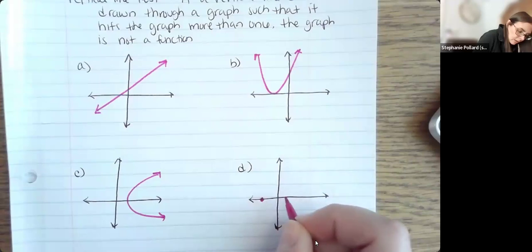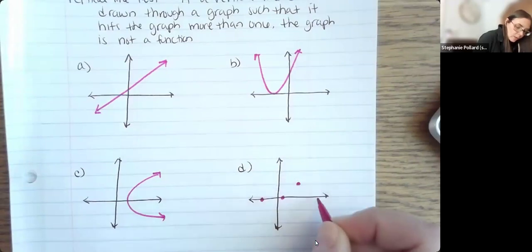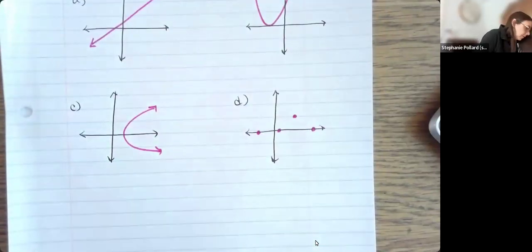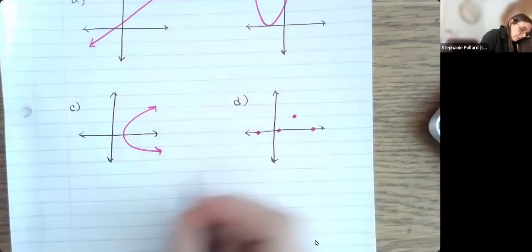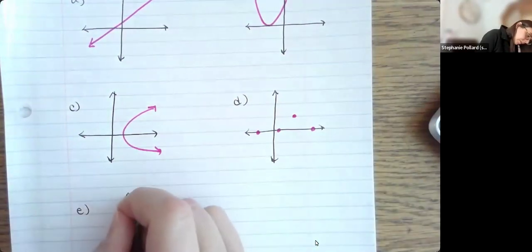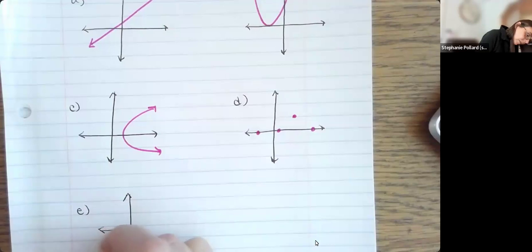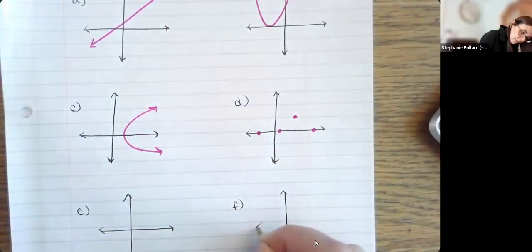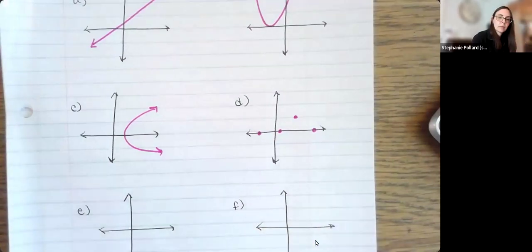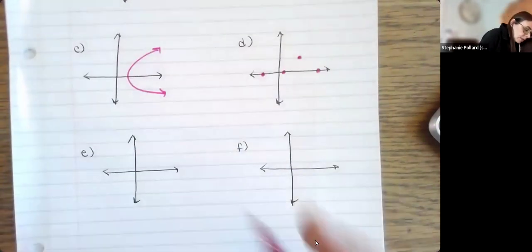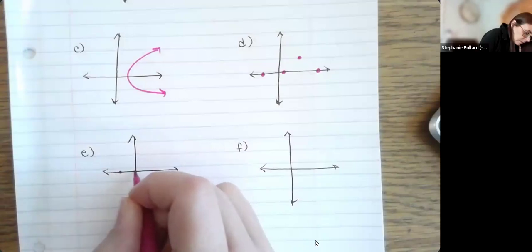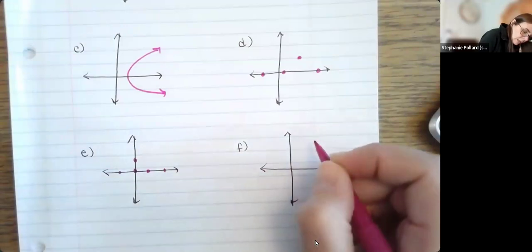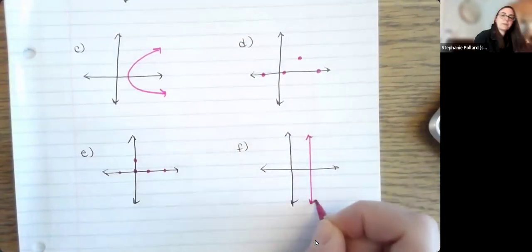One there, one there, one there, one there. All right, this one, I'm going to do a couple more points. And then this one, I'm going to do a vertical line.